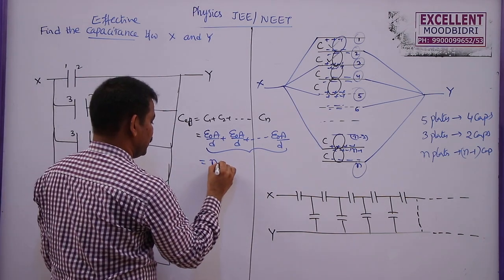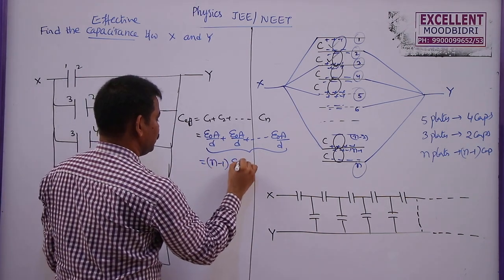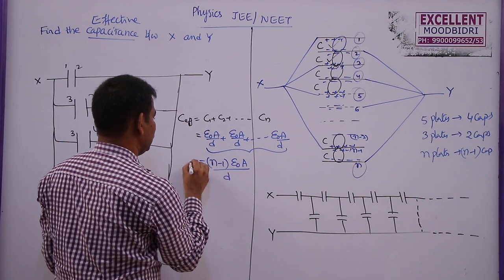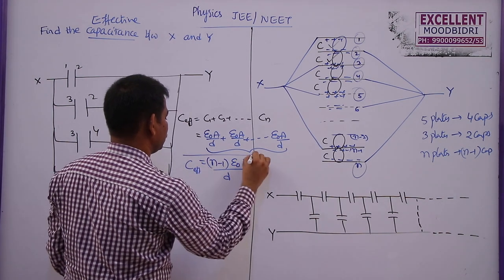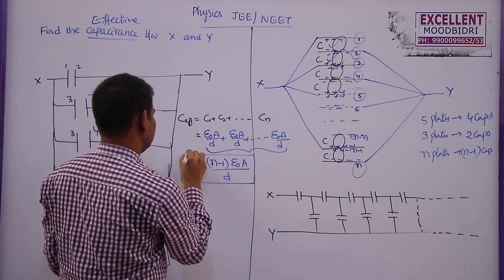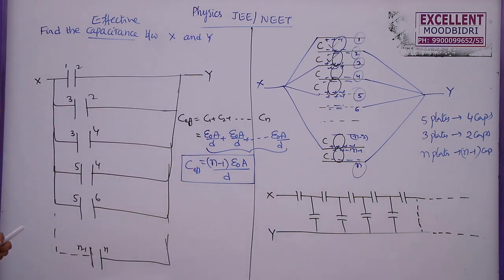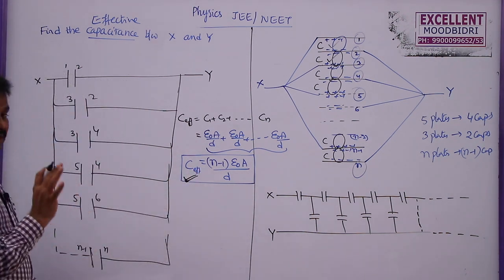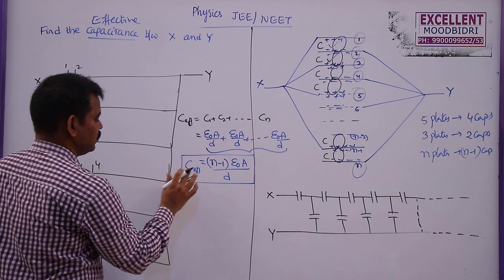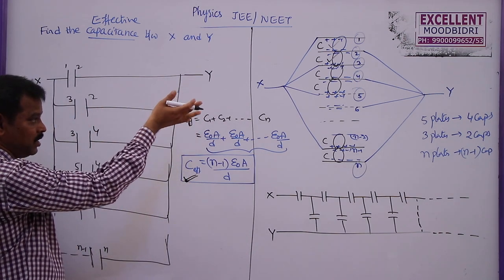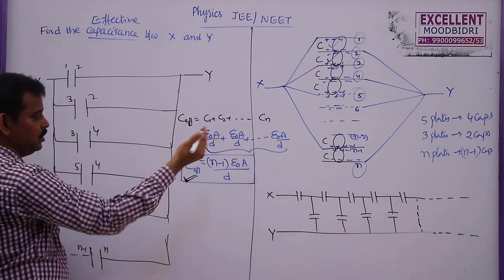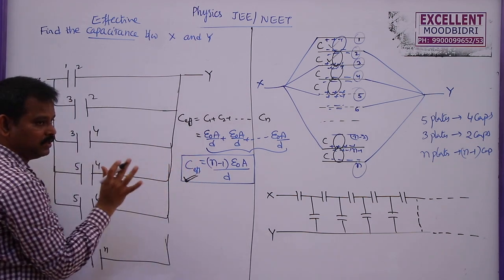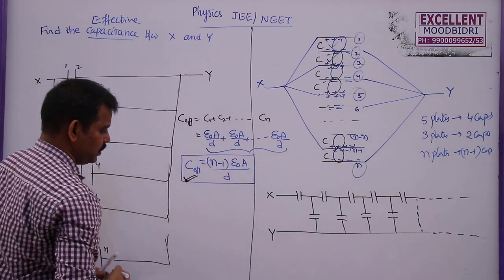So this will become n minus 1 times epsilon naught A by D. This is C effective, which is equal to n minus 1 epsilon naught A by D. So this is the effective capacitance of this combination. Please remember, if there are n plates and alternate plates are connected to the positive or negative terminals, the expression to find the effective capacitance is n minus 1 epsilon naught A by D.